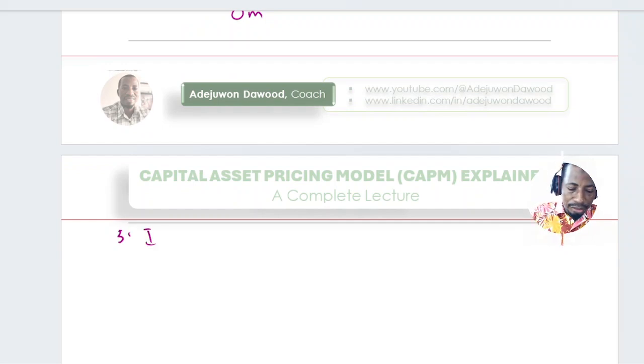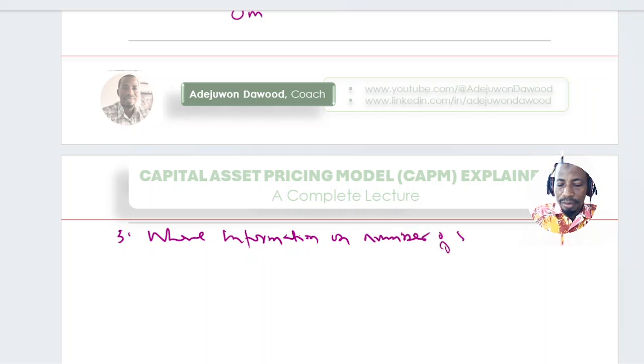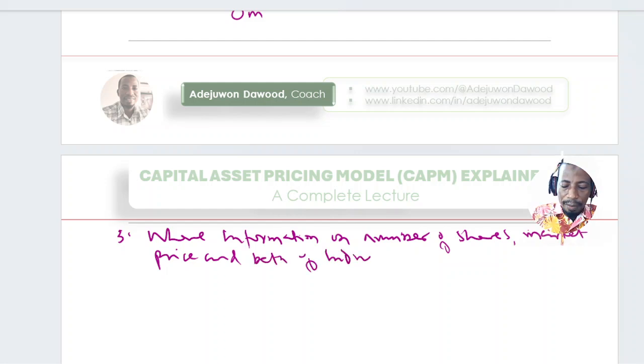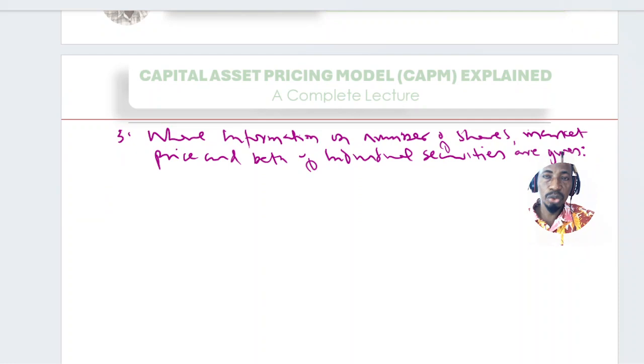Then number 3, where information on number of shares, market price and beta of individual securities are given, then in that case you're expected to use the weighted average method.